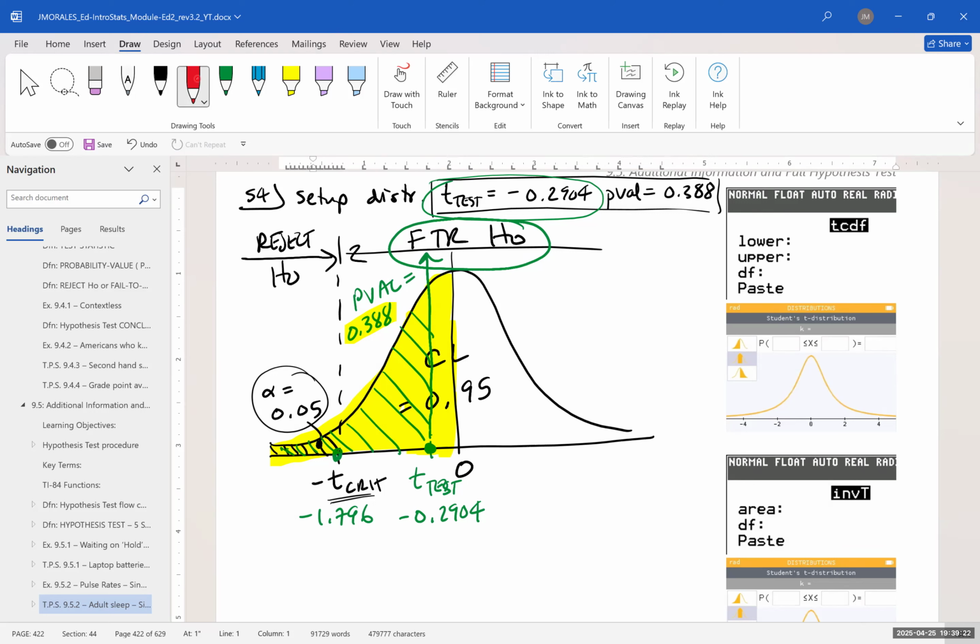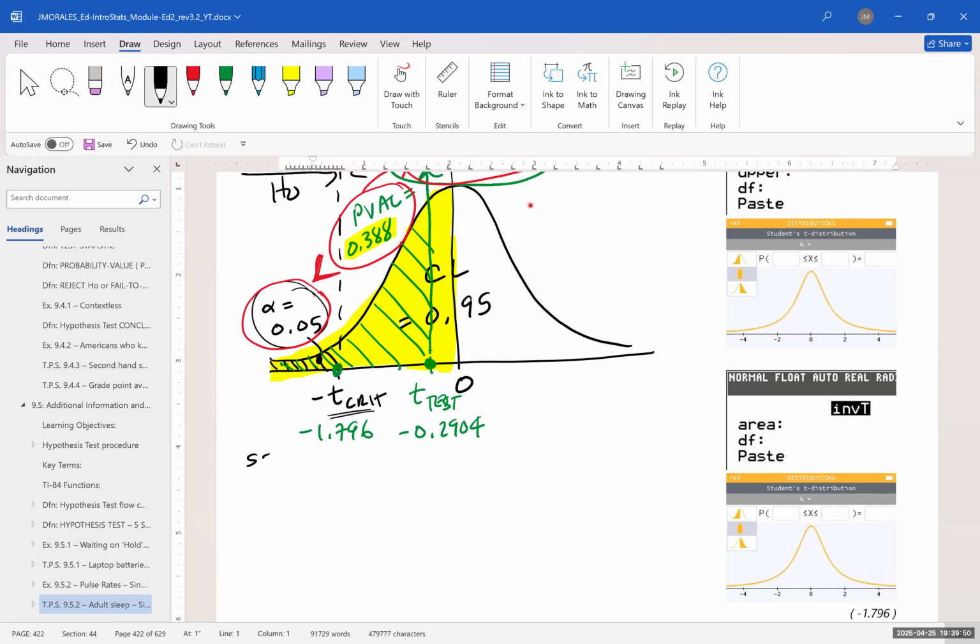And now, of course, if you compare the p-value to the significance level, you can see the p-value is larger. And the rule is if p is smaller, you reject the null. Okay, but because the p-value is not smaller, we're going to fail to reject by comparing areas. So we're kind of running into the same conclusion here.